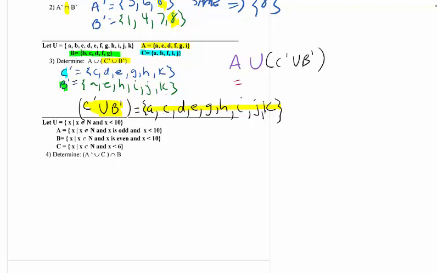A works already, C works already, D works, F is not listed, so I need to add that here. The F is the extra piece. So A, C, D, E, F, G, H, I, J, K is my answer.